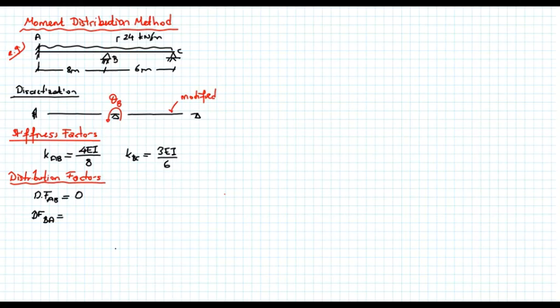So we do it by taking the ratio of the stiffness factor of member AB divided by the total stiffness factors at node B. We have two members joining at node B. Stiffness factor of AB is 4EI over 8 plus the stiffness factor of member BC, 3EI over 6, and that will be equal to 0.5. So half of the moment will be resisted by member AB. So the other half will be resisted by member BC.